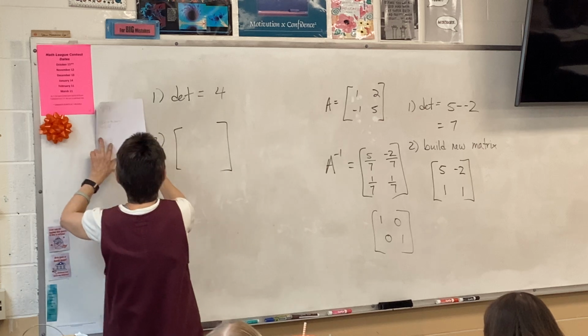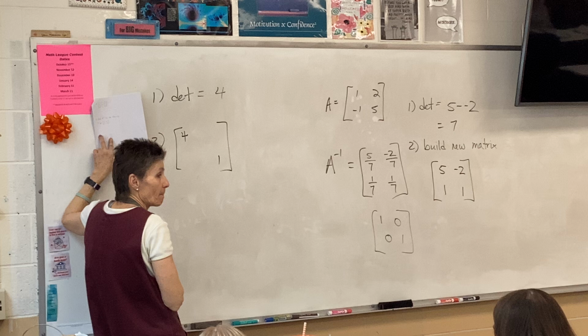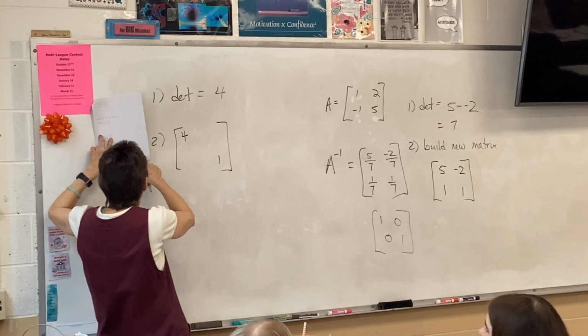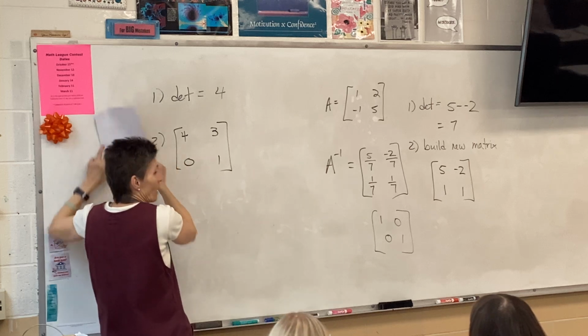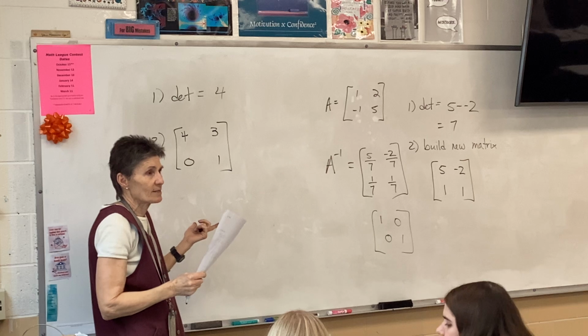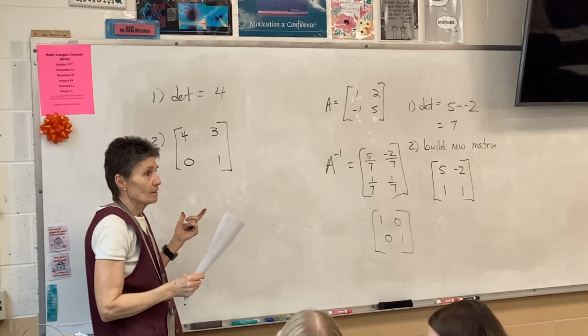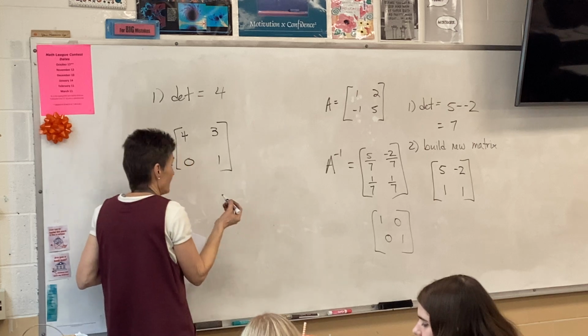Now, what is my new matrix? Well, take the 1 and the 4 and switch them, and make the 3 positive, and 0 is just 0. I don't do anything with 0 because it doesn't change the sign. So what's my answer going to be?